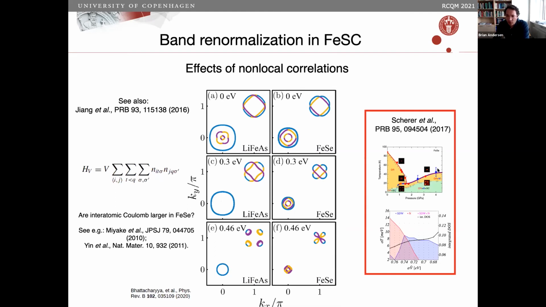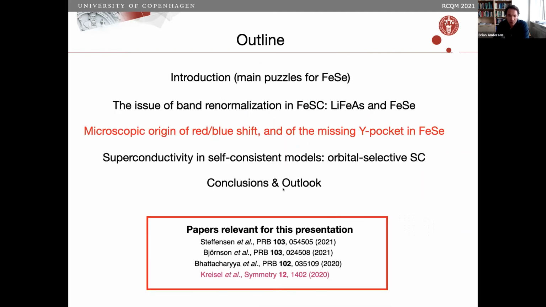Oh yeah, and this was just to point out that we used this mechanism from ab initio: we calculated the pressure dependence of these interaction parameters to try to come up with a possible explanation for this phase diagram of how conductivity, superconductivity, and magnetism change with pressure. Side remark.